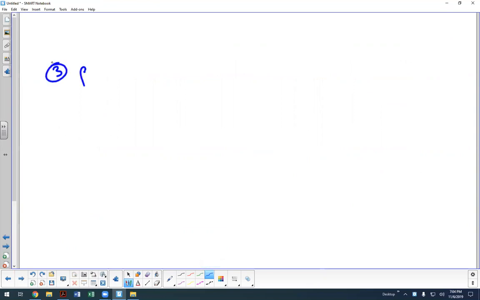So our function is 3x squared minus 4 over x minus 1. Okay, so let's start by finding the vertical asymptote first. What are we going to do?